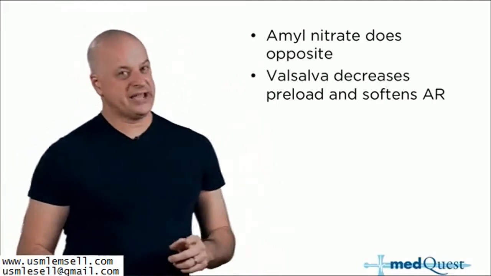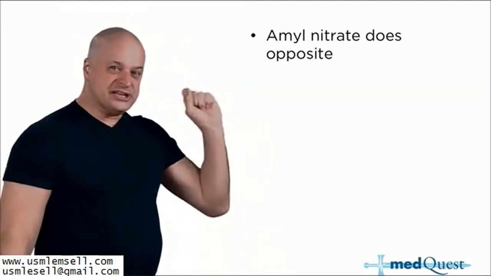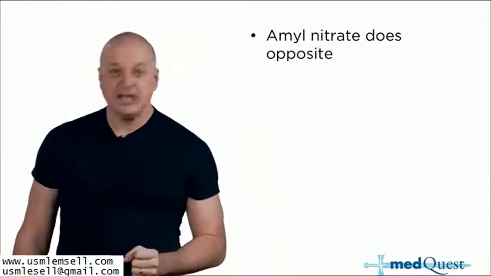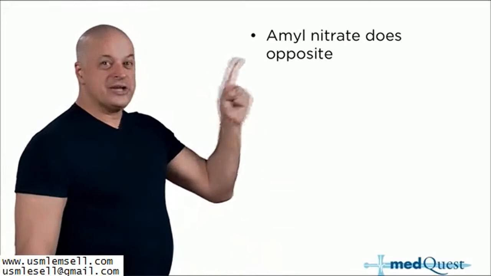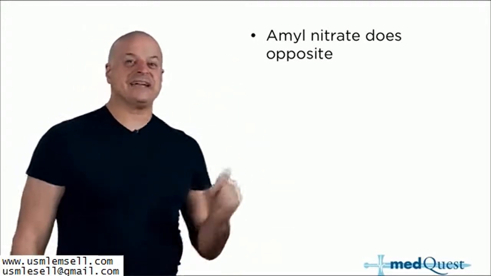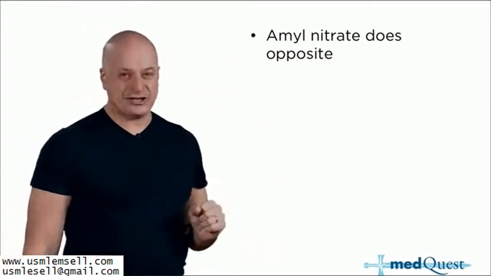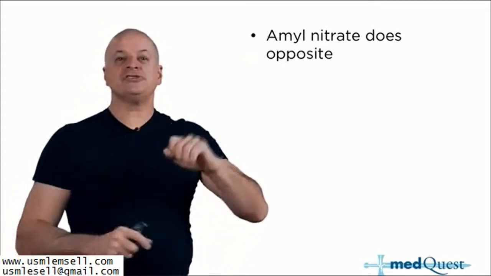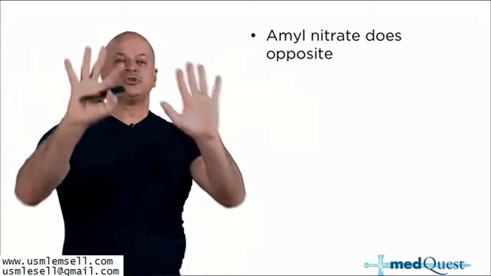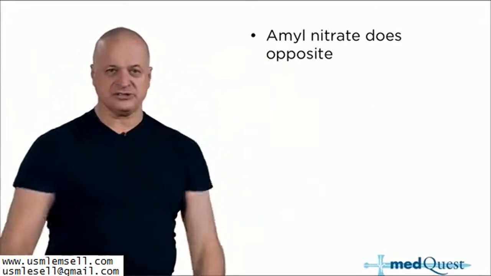Amyl nitrate is an arterial and venous vasodilator. So it decreases afterload. That's the major thing. Its effect is the opposite of hand grip. Hand grip squeezes the arteries. Amyl nitrate relaxes the arteries.